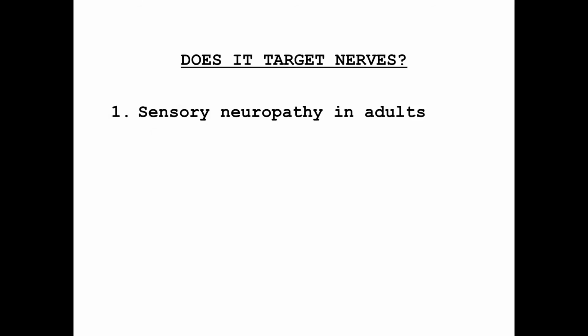Does thalidomide target nerves? Yes, it does. Thalidomide poisoned adult sensory nerves. It caused profound sensory nerve damage of the axonal degenerative type in people who used it as a sedative prior to its use as an antiemetic for morning sickness.